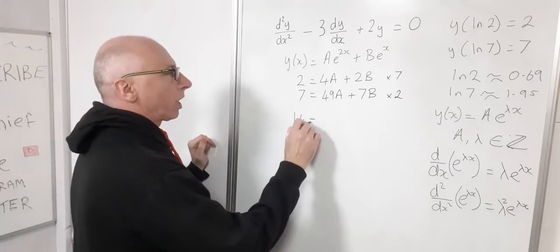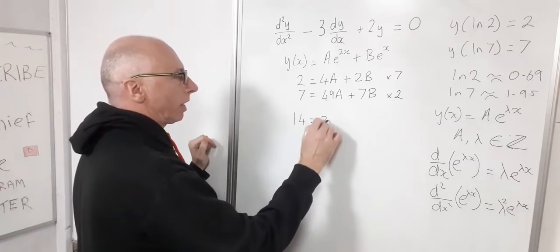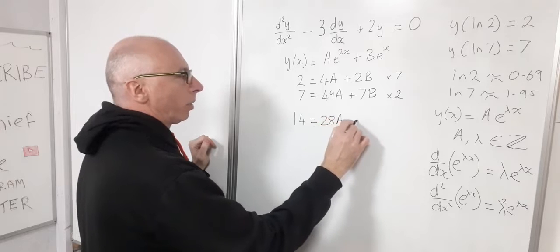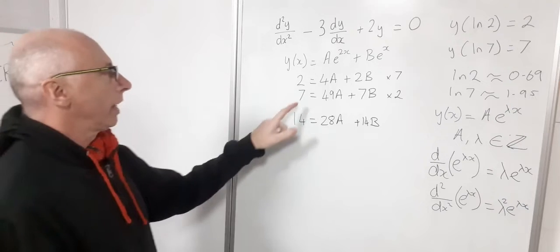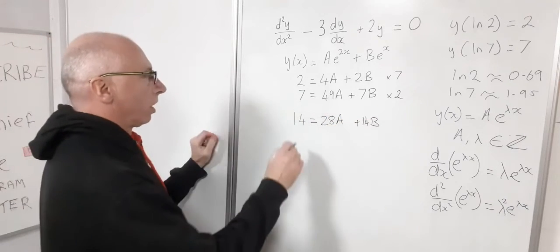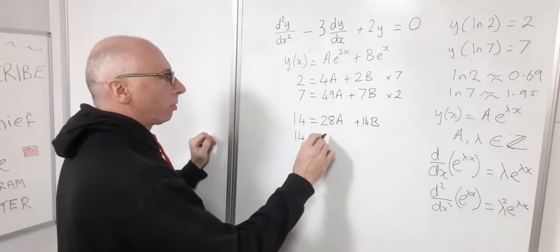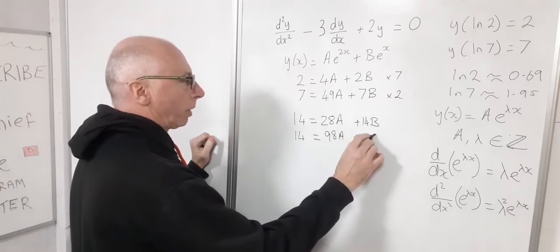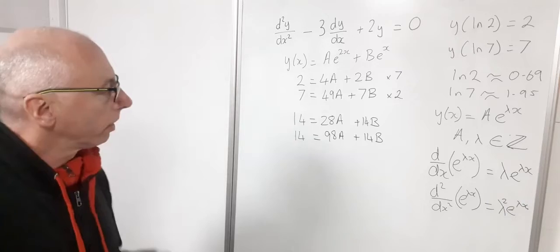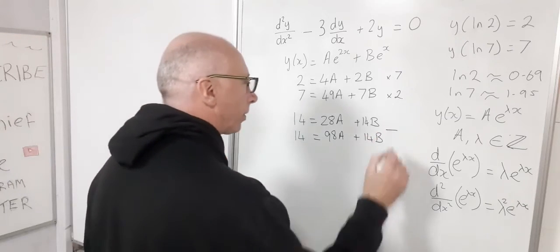So now we've got 14 equals 28a plus 14b. That looks right. And then multiply all of these terms by 2. So now I'm going to get 14 equals 98a plus 14b. Okay, great stuff. Now I can subtract.